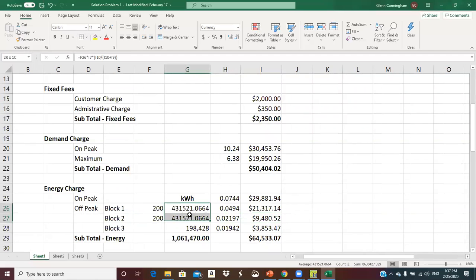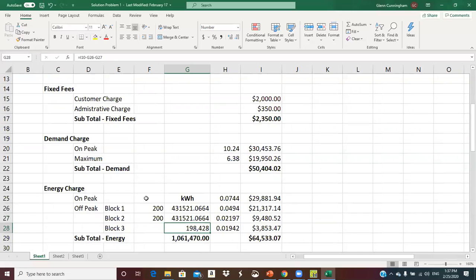Now I have paid for these two blocks, which is 863,000, but I used 1,061,000, so I got the rest to pay for, and I pay for the rest of them in this block.